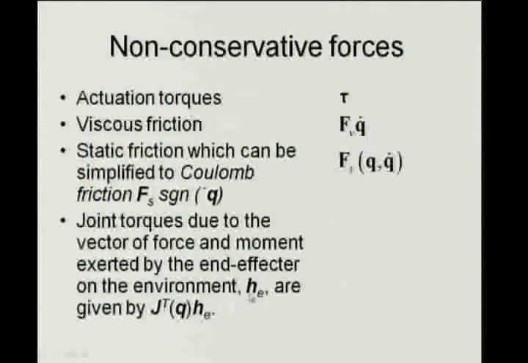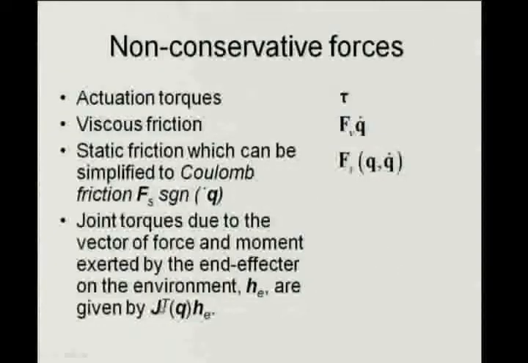and if you know that vector of push pull forces where the end effector is acting, then we already looked at that if you multiply that vector by J transpose Q, then you will get the torques at each joint. Do you remember that?